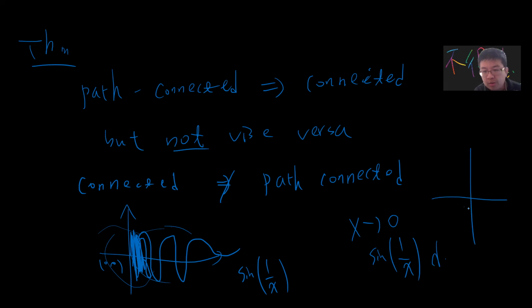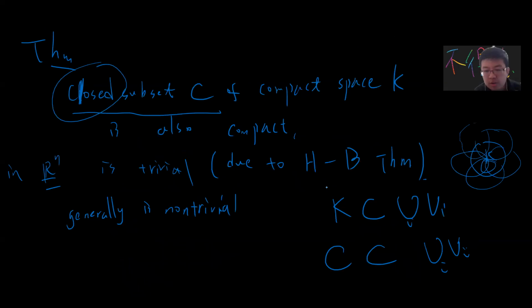So if you take (0,0) and another point here, you need to go through this curve, but this curve will not end up here. Okay, so that's it, and I think these are some basic properties. See you guys next video.